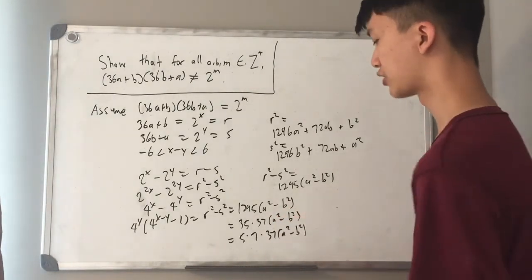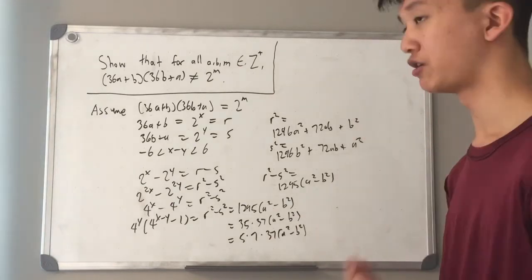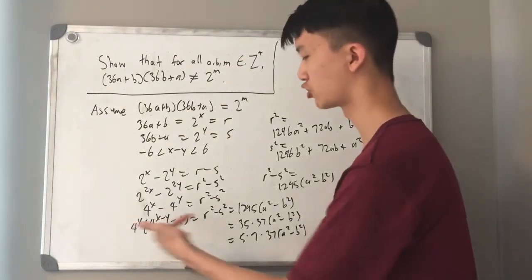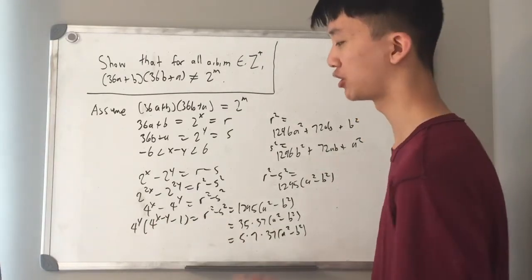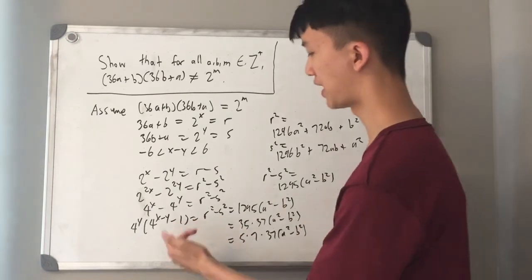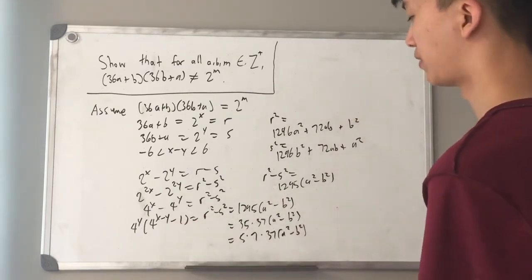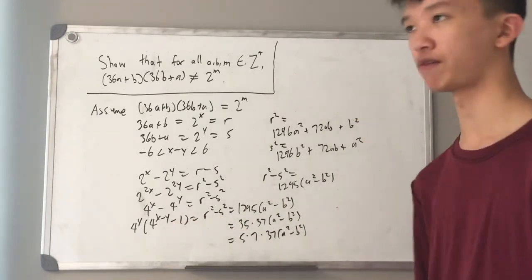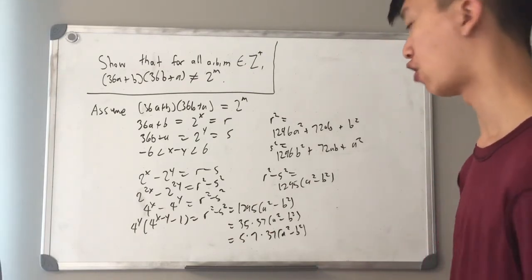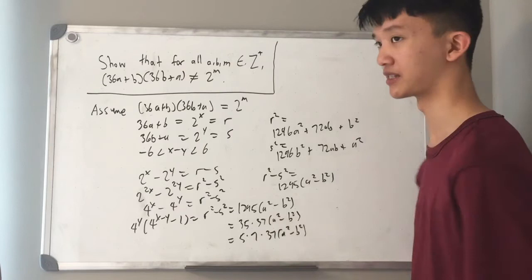Now notice that all of these factors are odd, meaning that one of these must contribute an odd factor. And since 4 to the power of y is even for all integers y, 4 to the power of x minus y, minus 1 must be equal to 35 times 37. And therefore, 4 to the power of x minus y, minus 1 must contain all of the odd factors of the right-hand side.